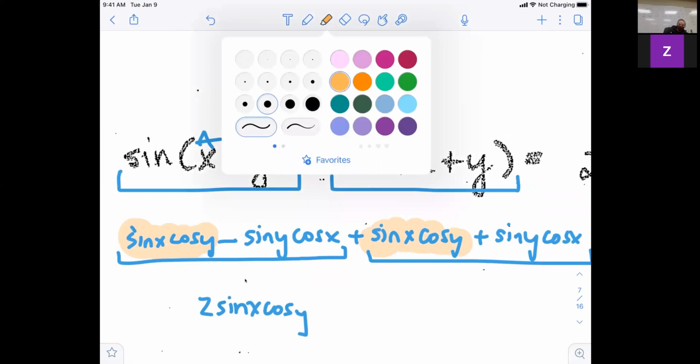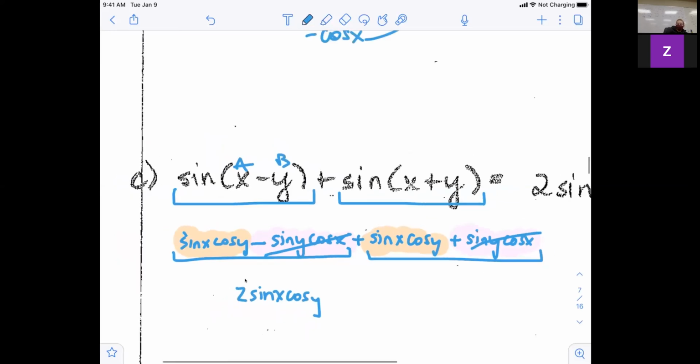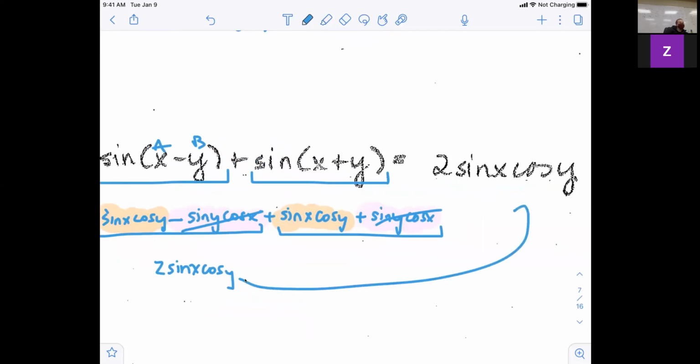And then I've got negative sine y cos x, and I've got a positive sine y cos x. I've got a negative of something and a positive something. They just cancel each other out. Oh, that's as simplified as it gets. And that's what we want it to equal. We did it. We did it.